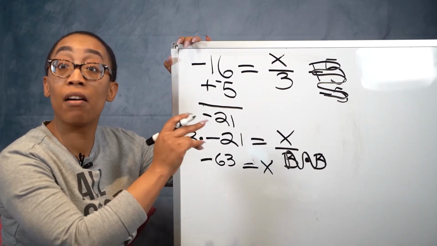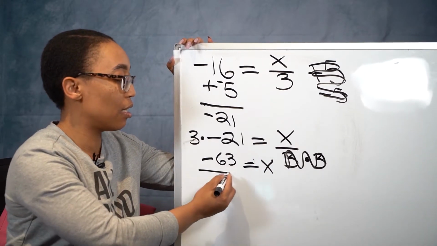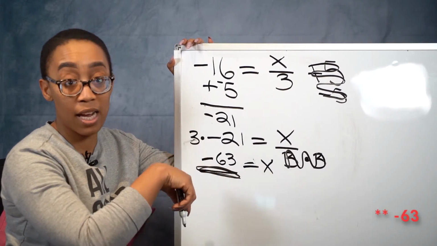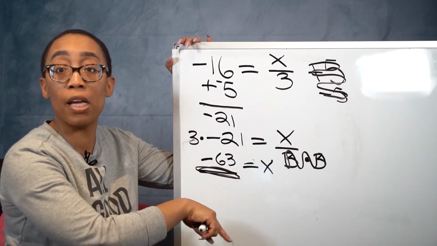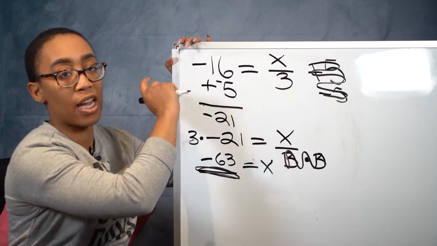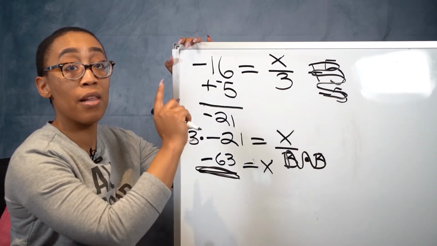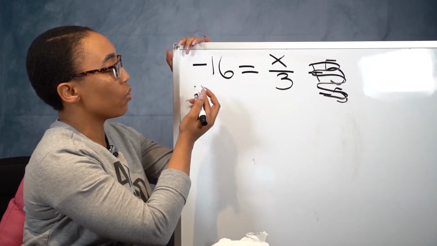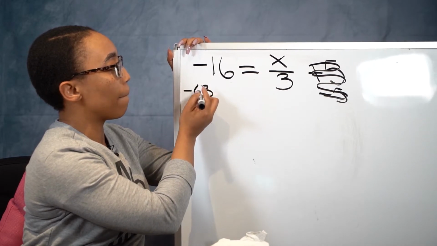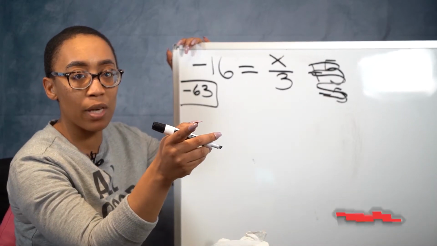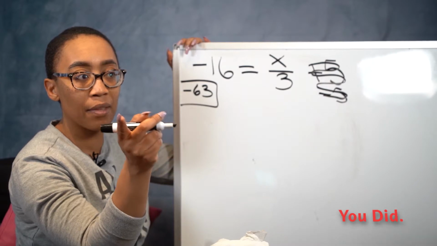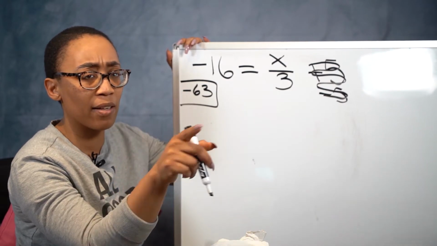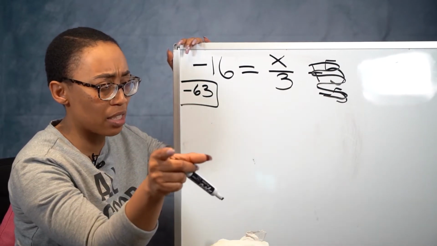So we think our answer is negative 63. So let me erase a little bit. We're going to double check it by substituting it into the original problem. Okay, so our answer was negative 63. I may have said 23 a second ago. My apologies.